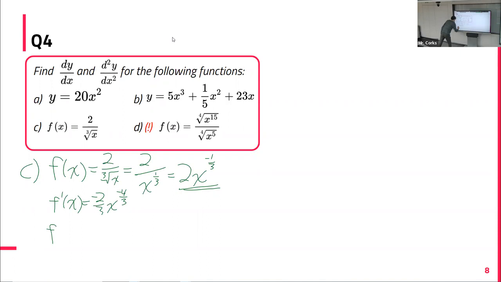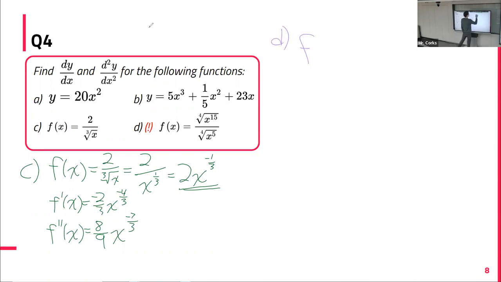And second derivative, 8 over 9 x to the negative 7 over 3. All right. So at this point, we just use our power rule very directly there. Nothing special happening. We just have to remember the exponent rules to rearrange a bit before we can do that easily.